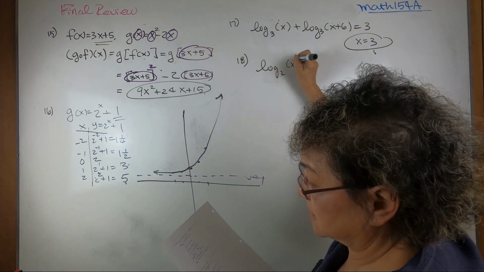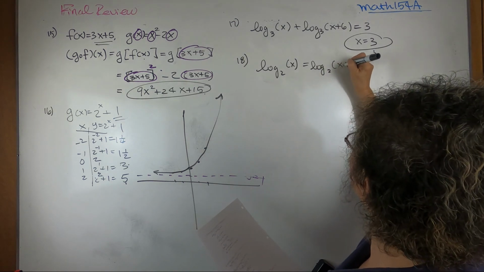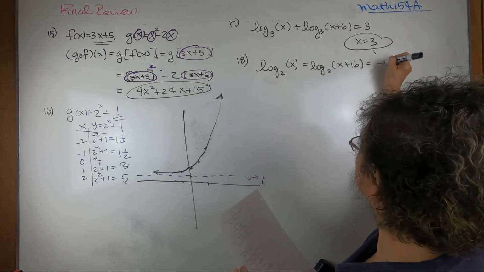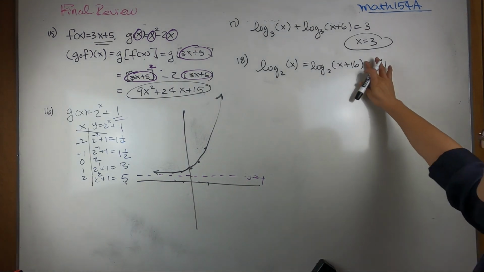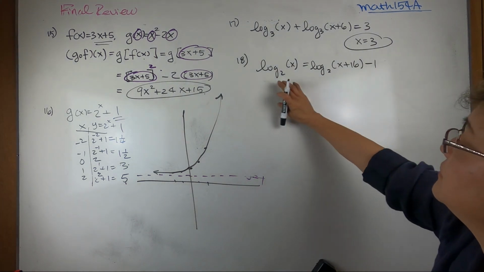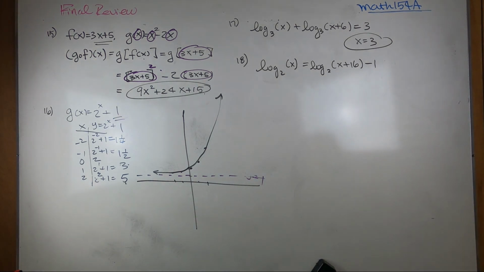Okay, how about this one? Let's do one more. All right, and this is -1. You have 1 log here, 1 log here, base 2, but you have a number, right? Then we say we need to use 1 single log to solve it.